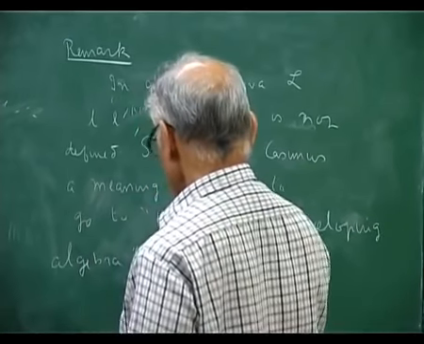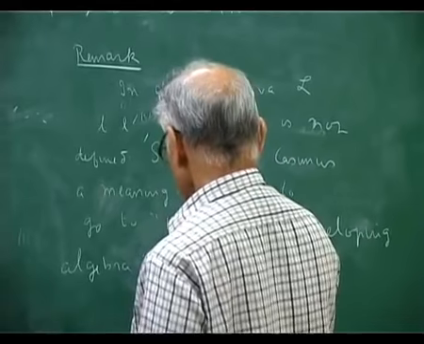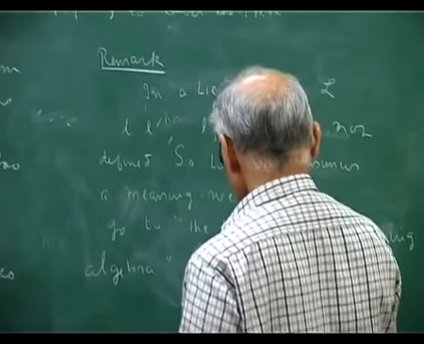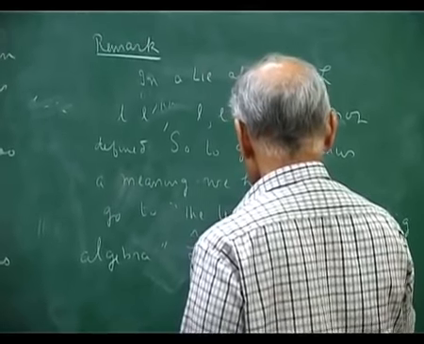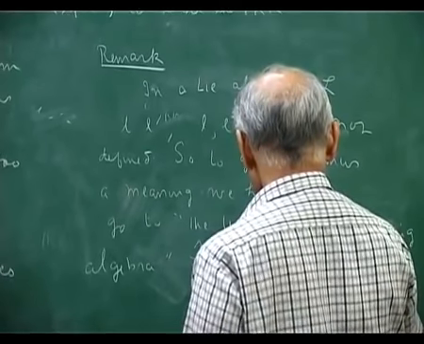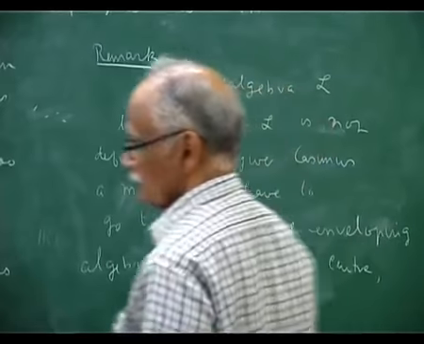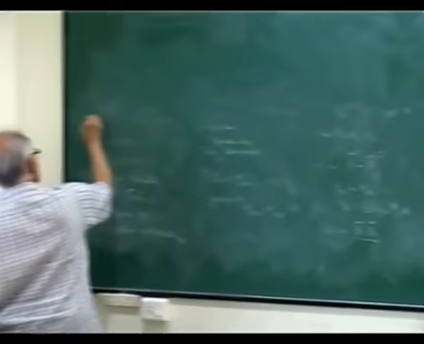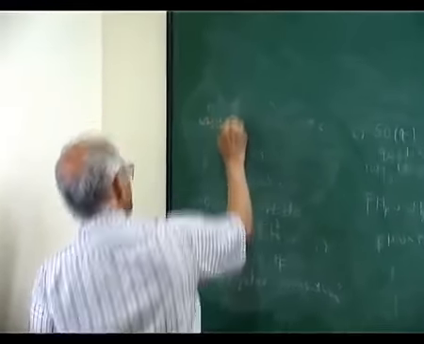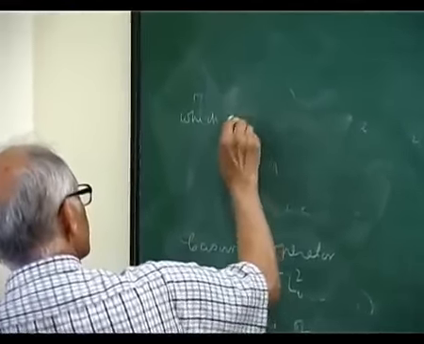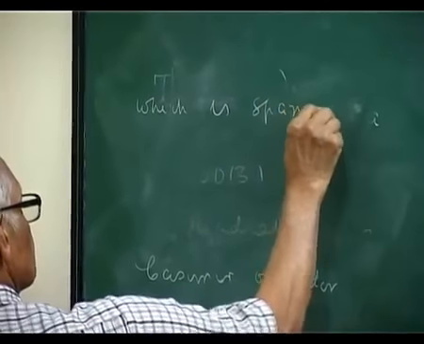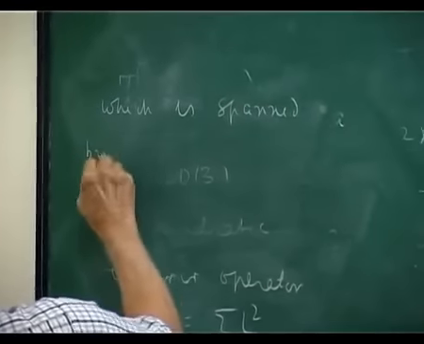I don't know what to call it. They call it L hat of L, and the center, which is spanned by the Casimirs.